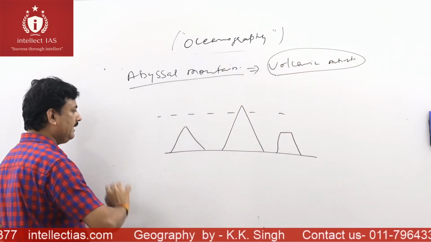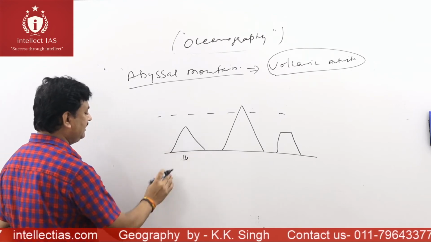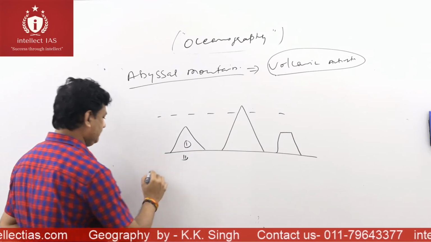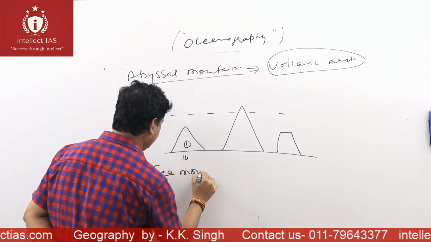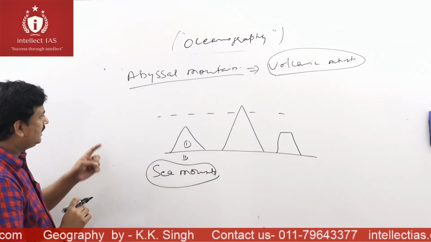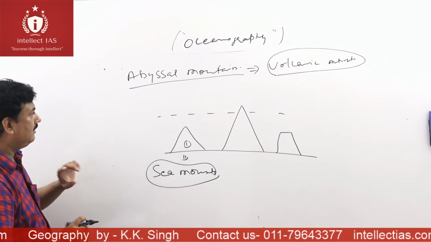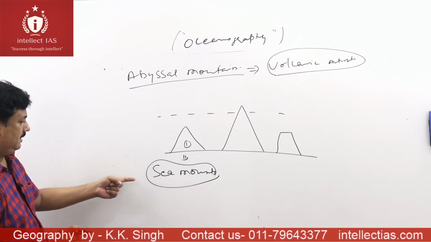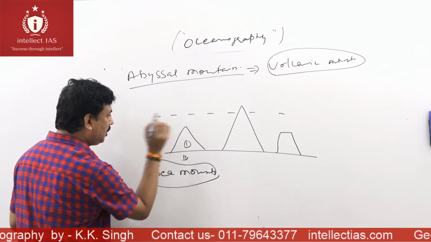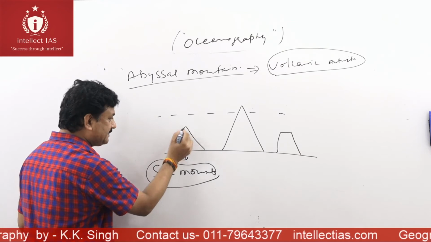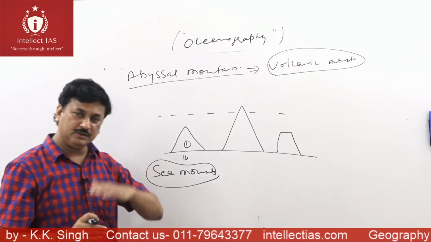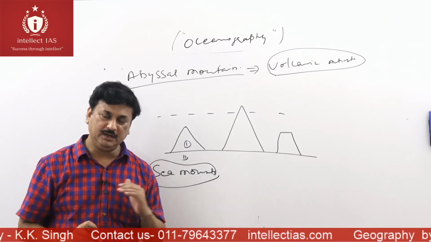Now, the first is seamounts. Seamounts are the mountains of the abyssal or oceanic plain with pointed top and steep sides, but fail to reach the surface of water, the layer of water.